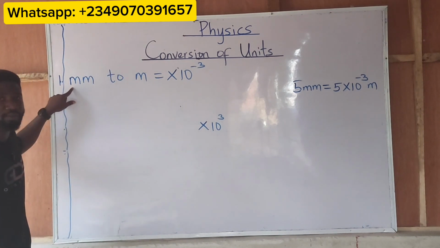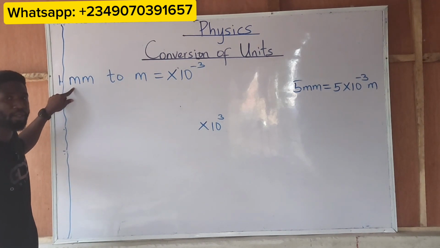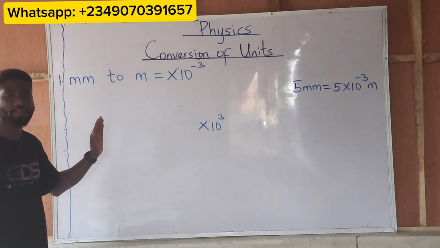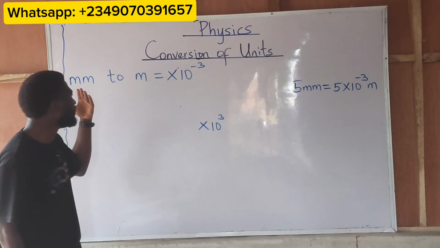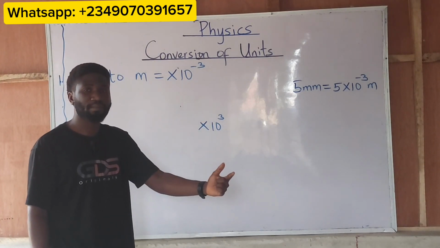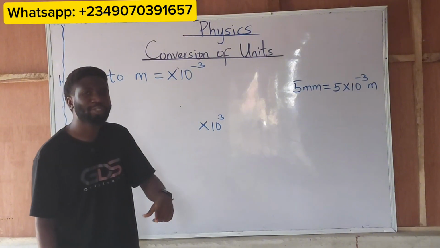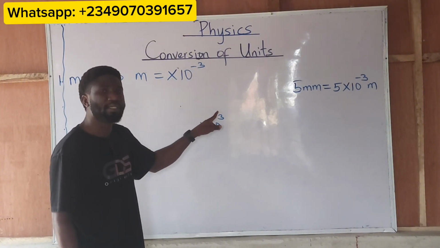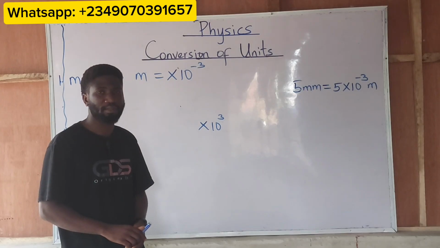If you are changing millimeter to meter, multiply by 10 raised to power minus 3. But if you are changing meter back to millimeter, just remove the negative sign and you are going to have times 10 raised to power 3.